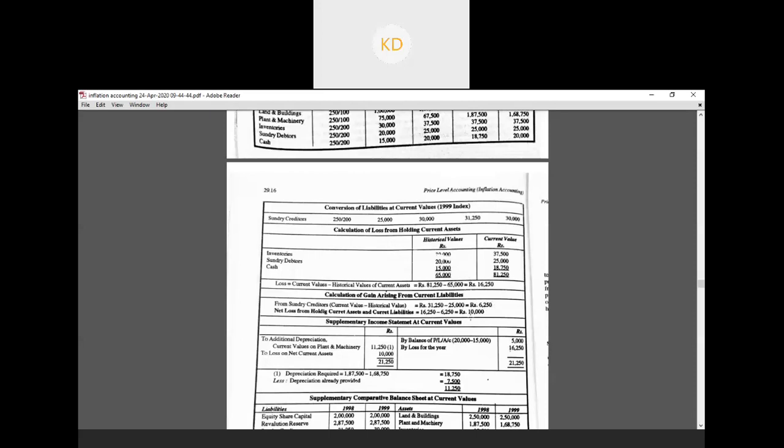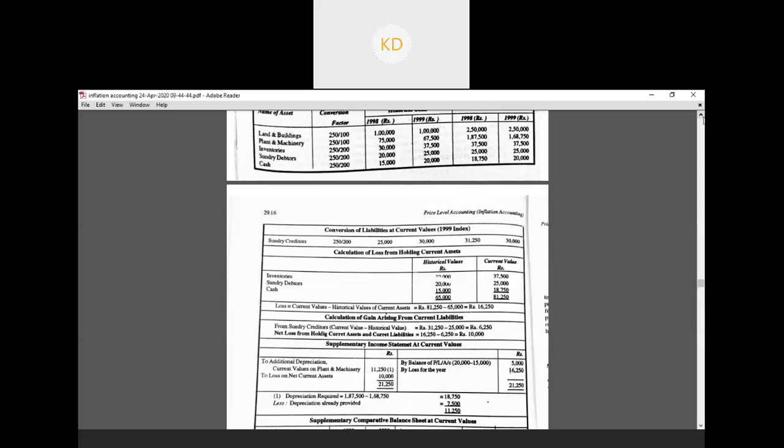Now, depreciation. Depreciation is being calculated here. When you're talking about these assets, for land and building there is no change in the value, but for plant and machinery there is a change in the value. 1,87,500 is opening, 1,68,750 is the closing.